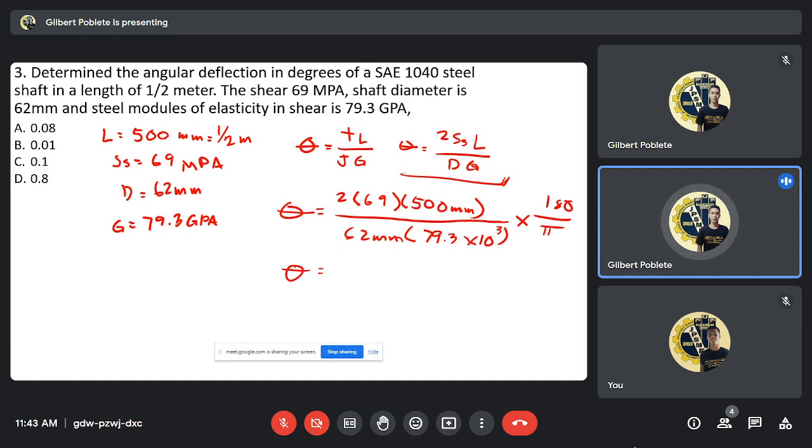Okay, so calculate na natin. 2 times 69 times 500 over 62 times 79.3 times 10 raised to 3 times 180 over pi.